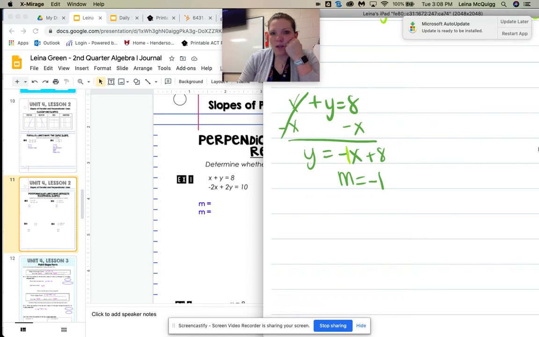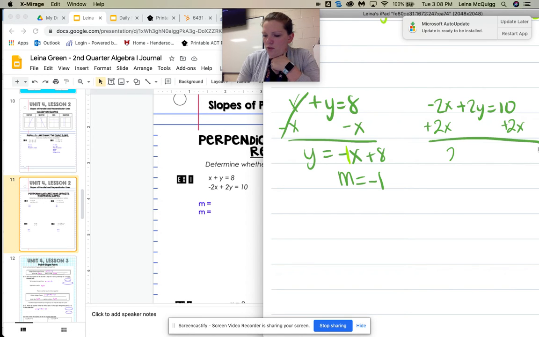Now I have the second equation, negative 2x plus 2y equals 10. Oh, wow, I wrote that wrong. There we go. To get y by itself, I'm going to add 2x to both sides.